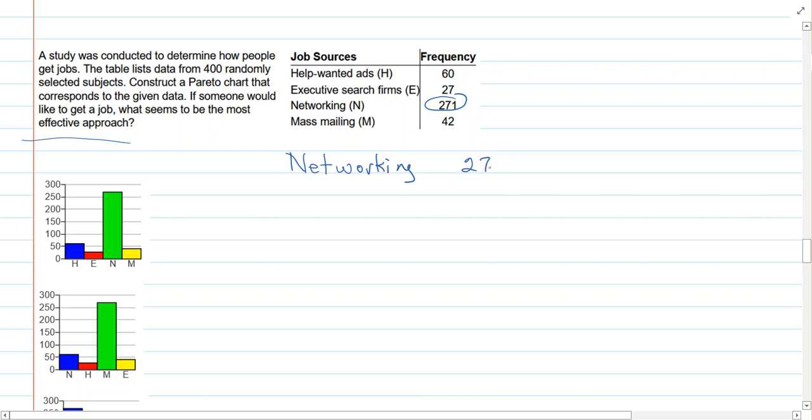And it had 271 counts of subjects that said that was the most important. Notice it uses the capital N reference.